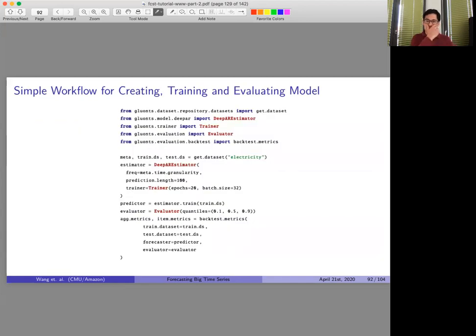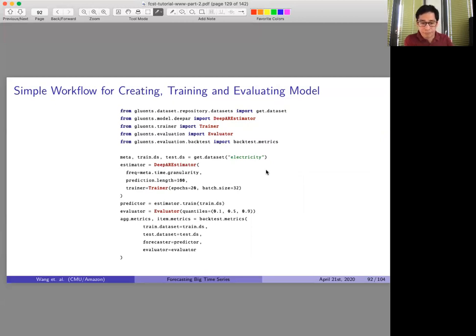Now, here's an example of how easy it is to set up a forecasting model, or to run a forecasting experiment with GluonTS. After a couple of standard imports, you can quite easily get a dataset. Here in this case, it's the electricity consumption. Then you define, in this case, an estimator, the DeepAR estimator, with some hyperparameters.